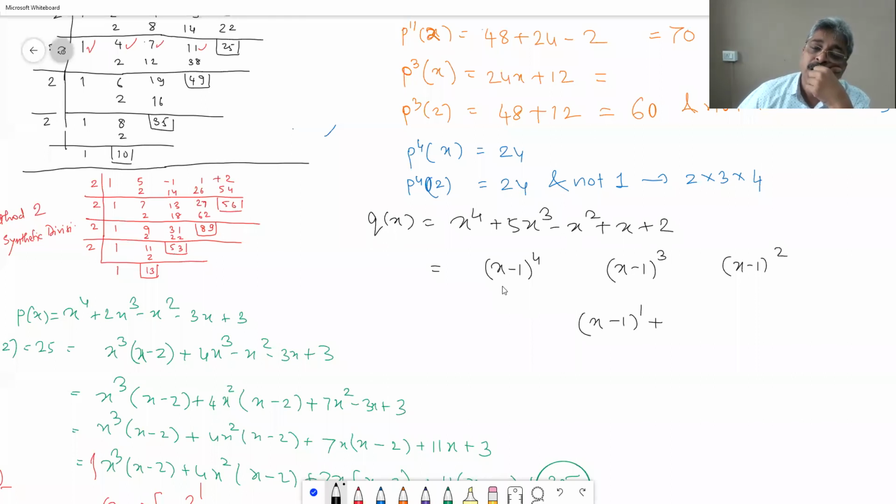So here what should I do is, it is not a big deal, you just transfer the coefficient. I can say that differentiate q of x one time and put 1 in it.